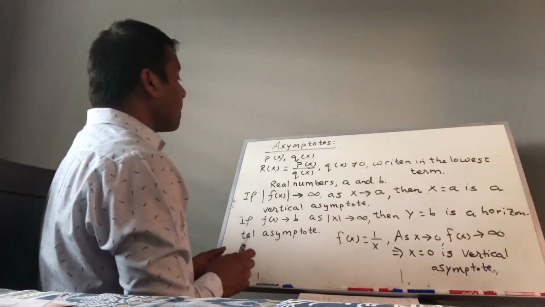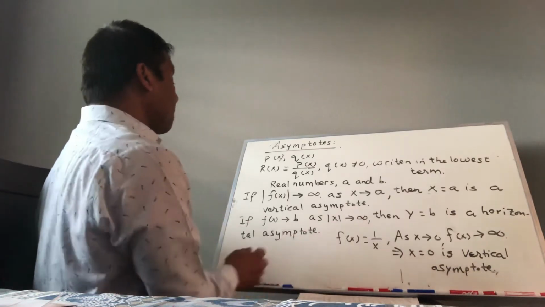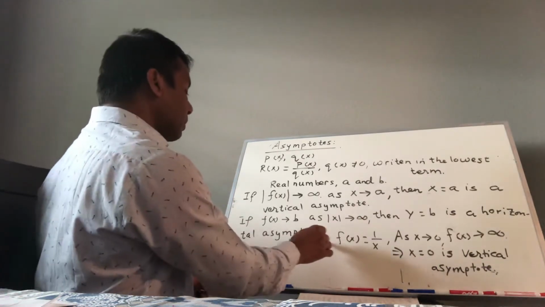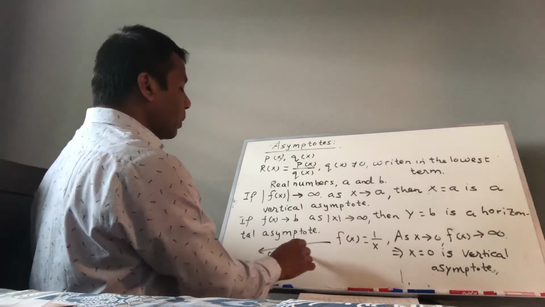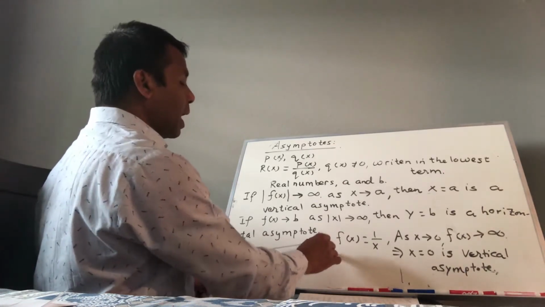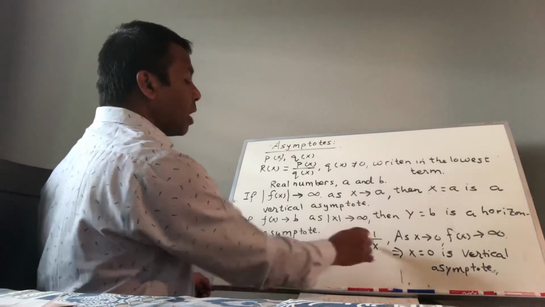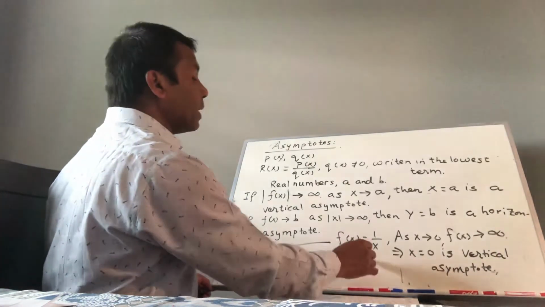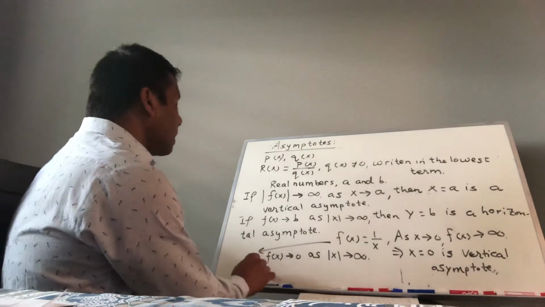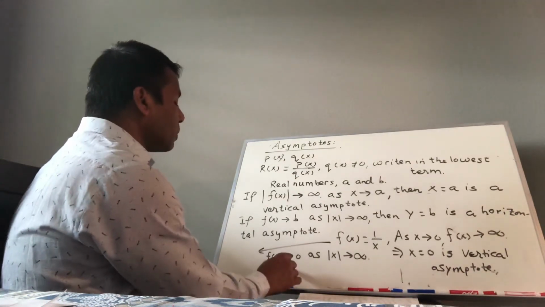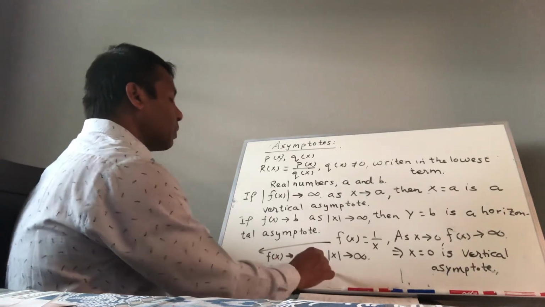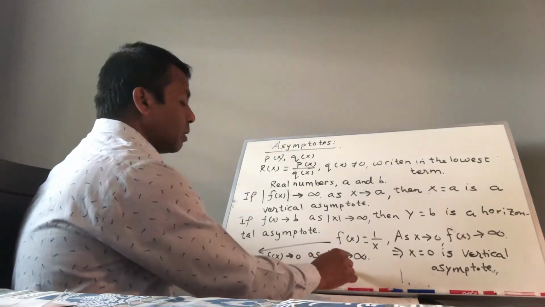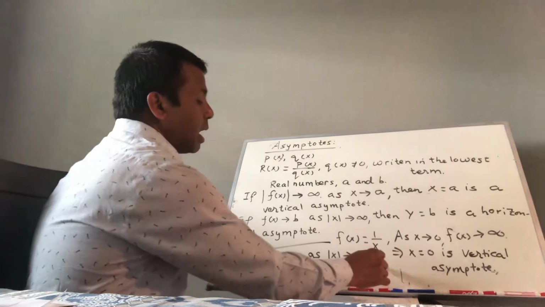And you also see that f(x) approaches 0 as the absolute value of x approaches infinity, right? So that means y equal to 0 is a horizontal asymptote.